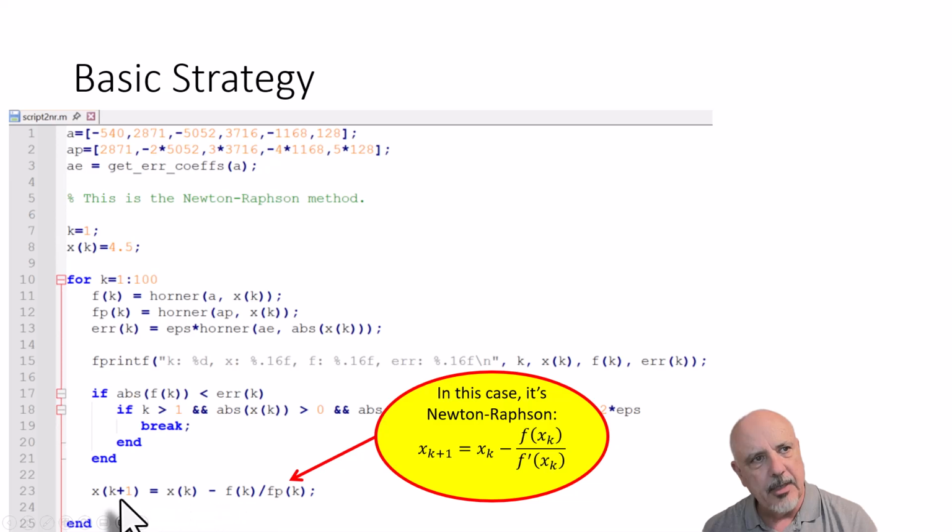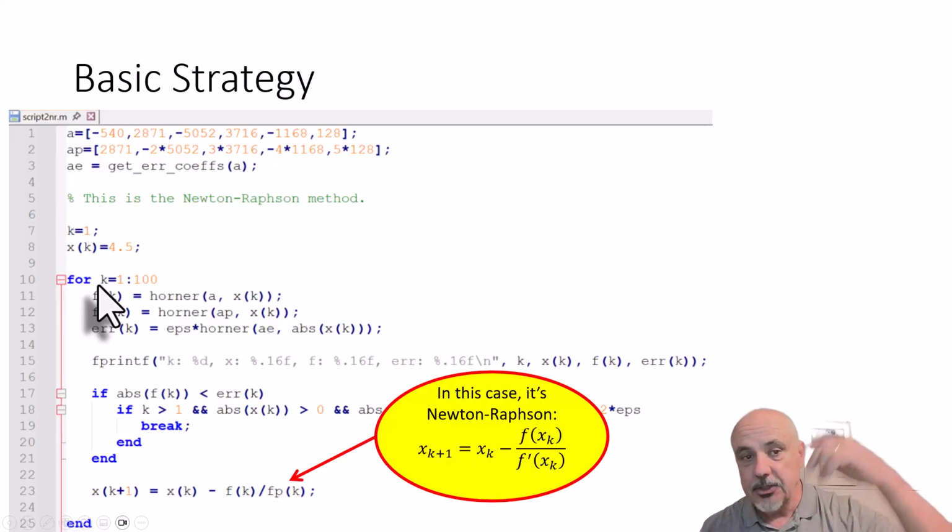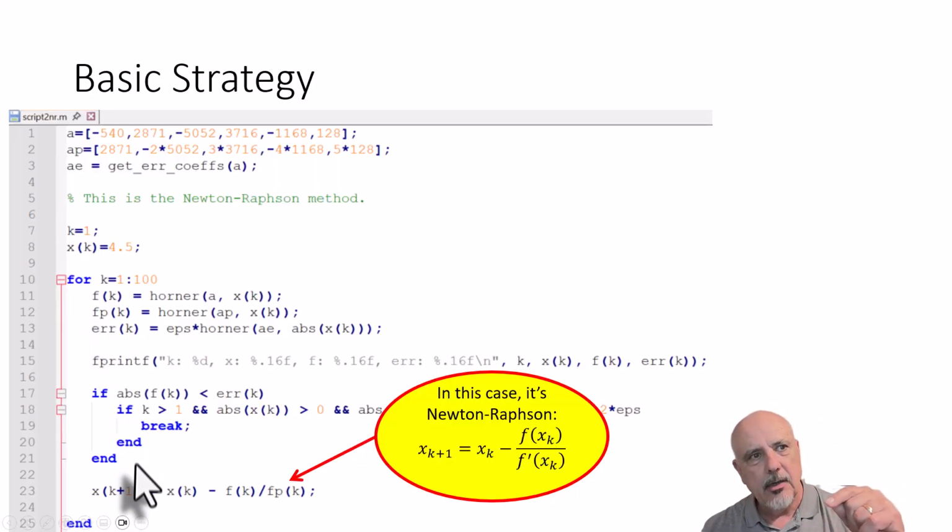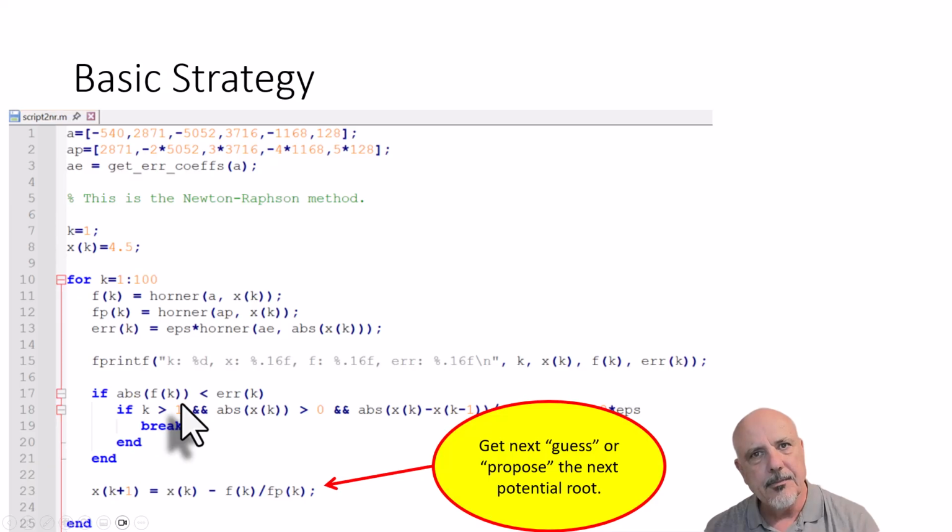And that's going to give me my next x value. And then once I get back to the top, the k is going to increment. What was k plus 1 at the end of the previous loop is now going to be k. And then I just continue. So that's a guess, or a proposed next potential root.